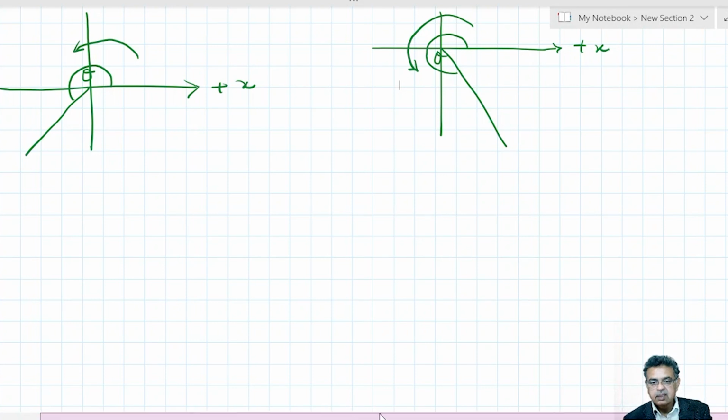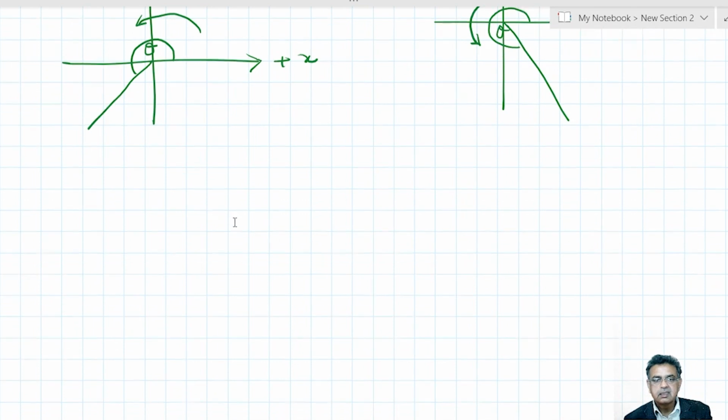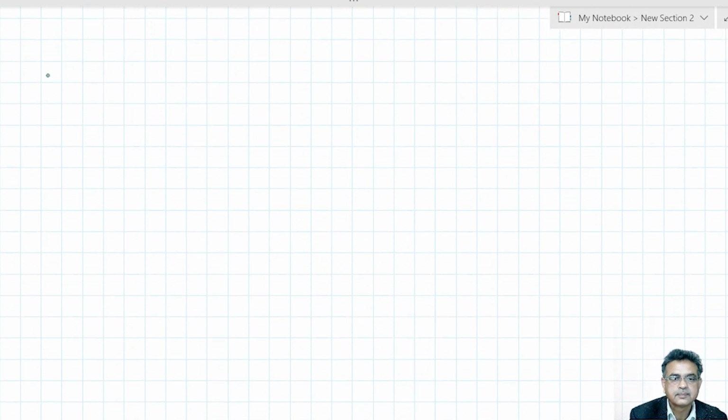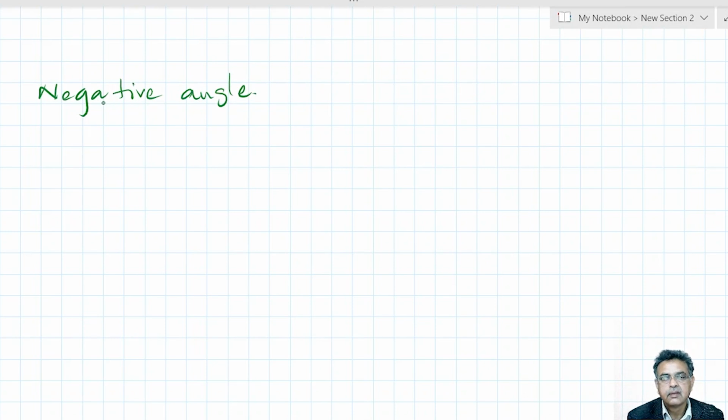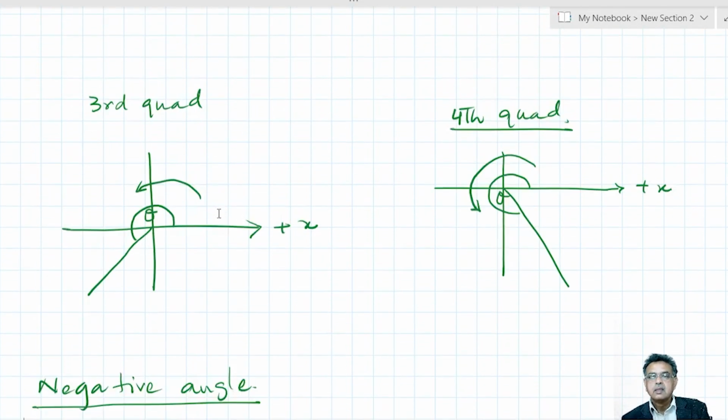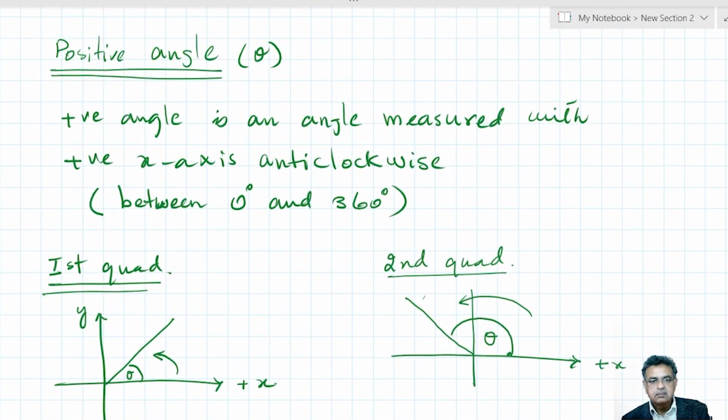Okay, now negative angles. Negative angle now. You can say that it has almost same definition.